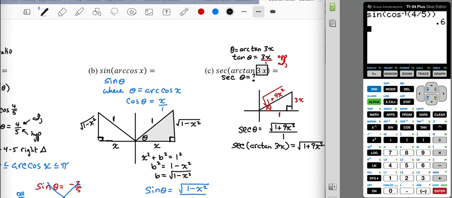Secant of arctan of 3x or the square root of 1 plus 9x squared? At first glance, it might seem like the way to go would be the square root of 1 plus 9x squared. We'll learn more down the line, and it'll help you really make an informed decision, but it certainly looks a lot nicer.